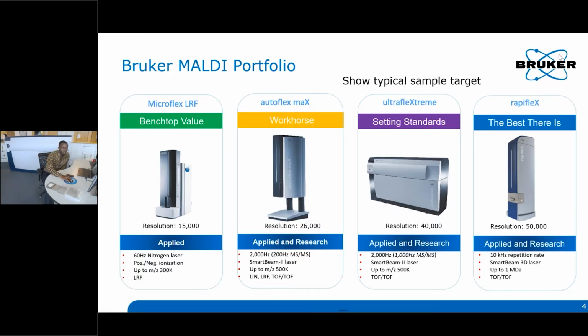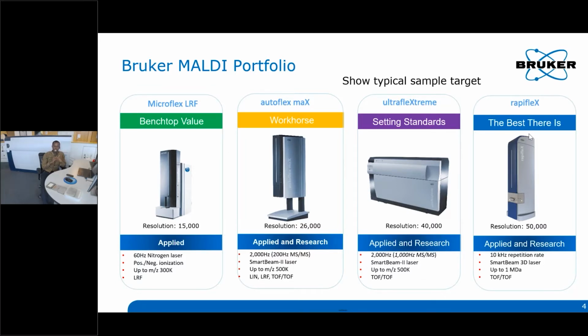Lastly, on the top of the food chain, we have the Rapiflex, which comes in a vertical setup as well, just as the Autoflex, with a resolution of 50,000. And this is the best choice for imaging experiments. So if you run imaging experiments on a regular basis, this would be the best MALDI instrument to actually have.